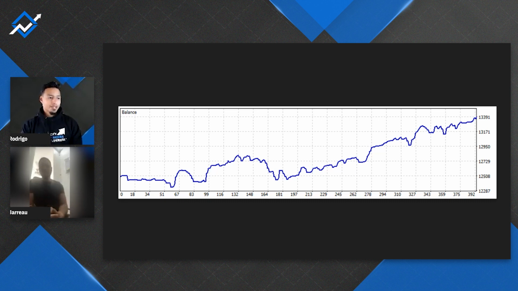Yeah. And I can see that in your equity balance, where the losses are controlled and the drawdown swings are not very deep. This one in particular, you can see that the losses are still controlled. We don't have a huge move to the downside, right?